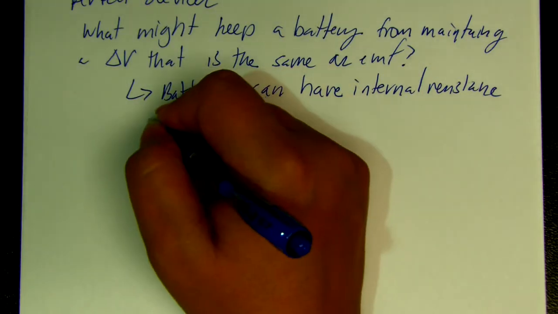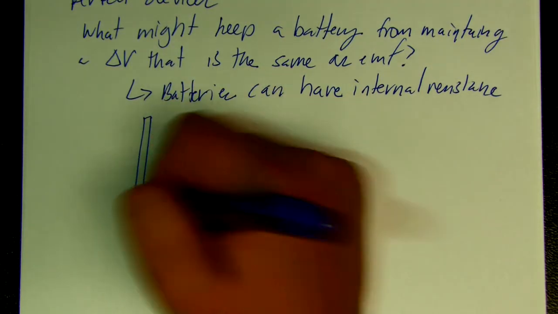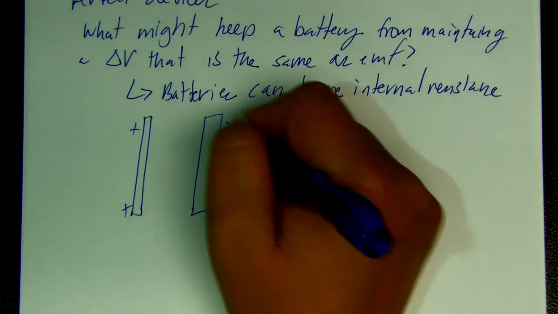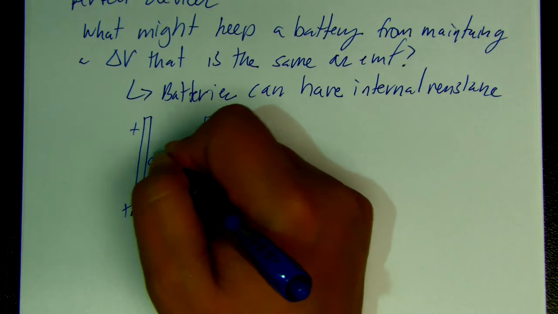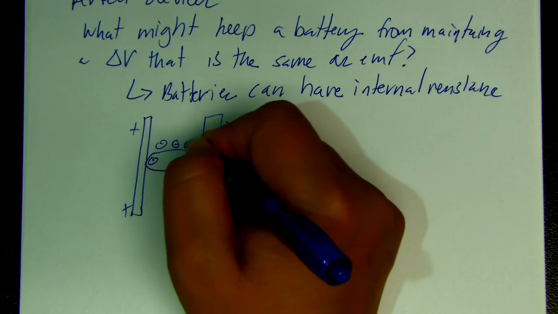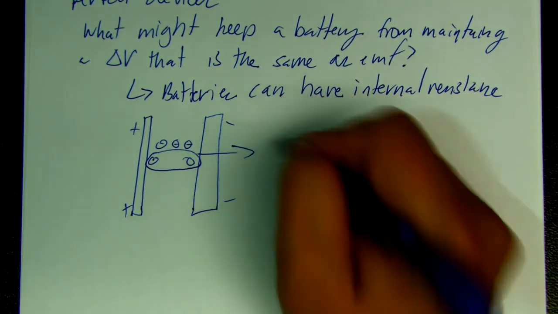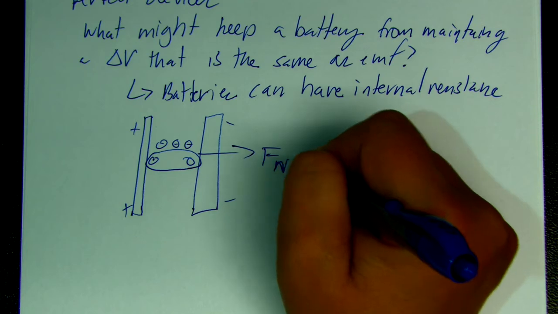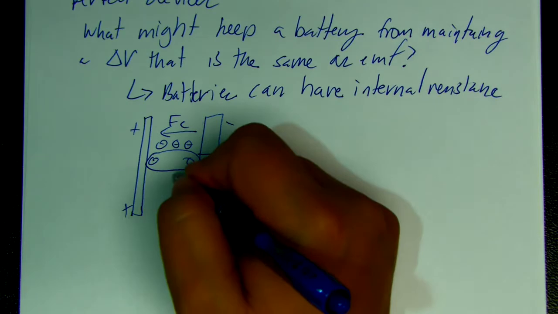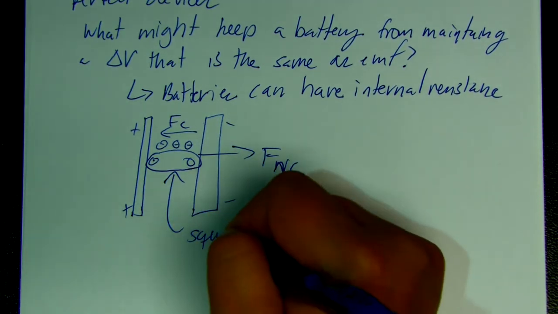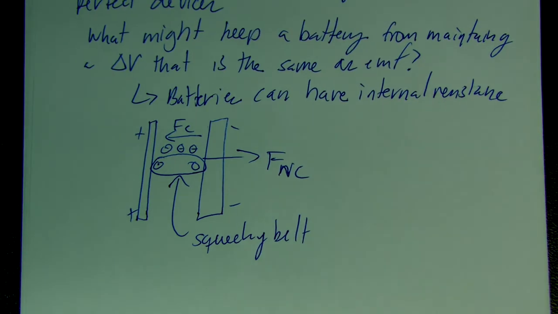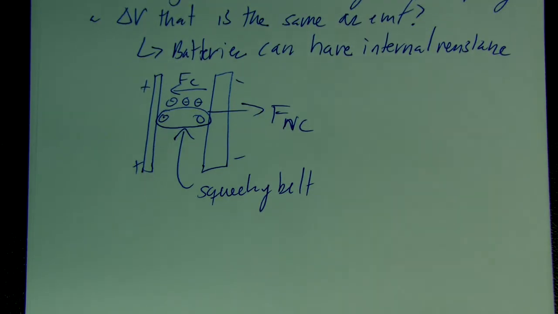One way you can think about it is to go back to that mechanical battery thought model. Like I said, it's a super useful model, even though it's not really how batteries work. You've got this conductor pulling those electrons along with that non-Coulomb force and that Coulomb field. Basically you can think of it as though it has a squeaky belt, so you're not getting perfect efficiency as those electrons come over.